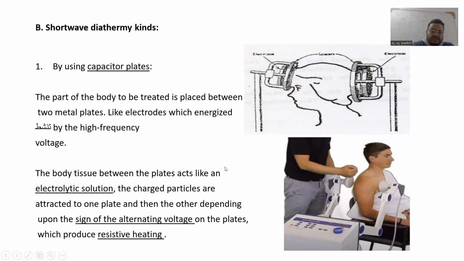The part of the body to be treated is placed between two metal plates like electrodes, which are energized by the high frequency voltage. The body tissue between the plates acts like an electrolytic solution, like the lemon acid.